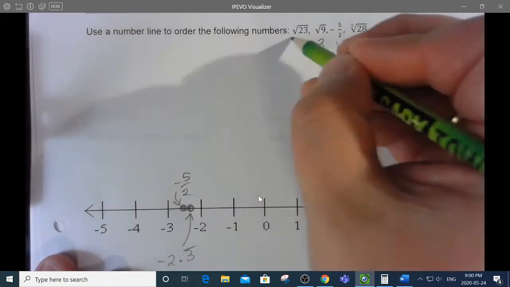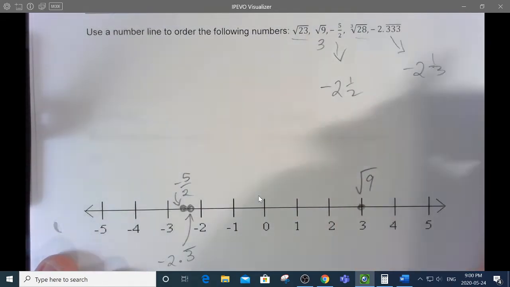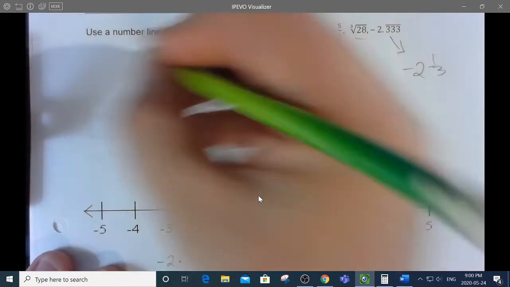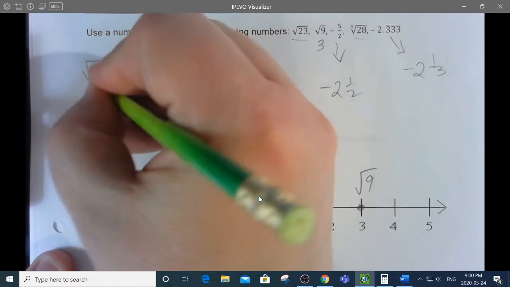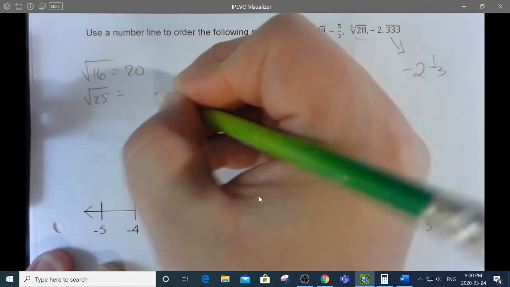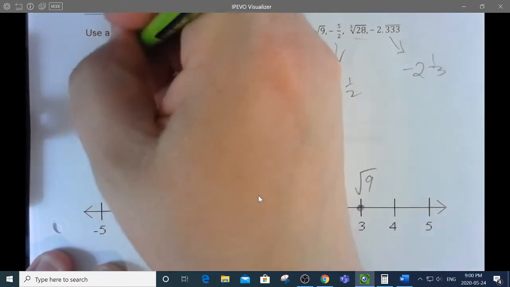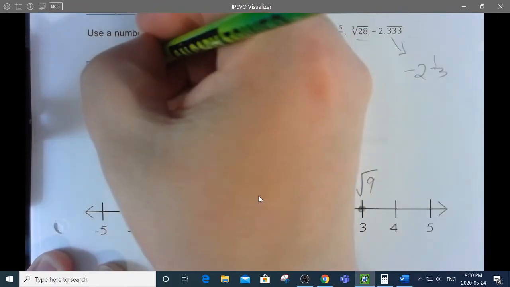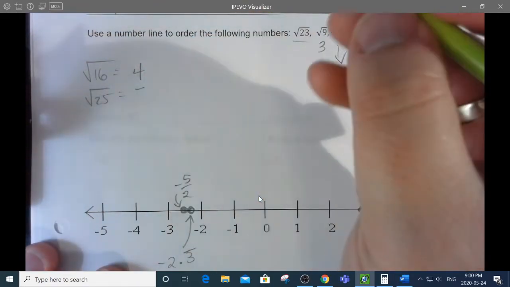Now the two that I kind of skipped over. Is 23 a perfect square? Well, the square root of 16 is 4, sorry, brain cramp, and the square root of 25 is 5.